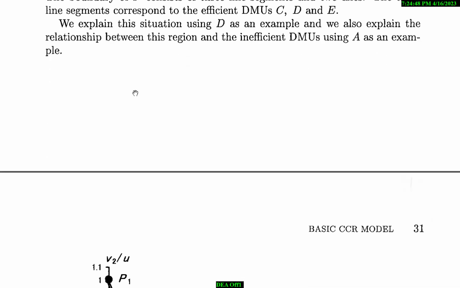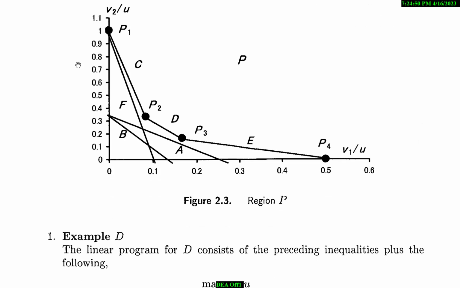So the region that the first constraint shows is the up side of this line, because you see that the origin will not satisfy that constraint.